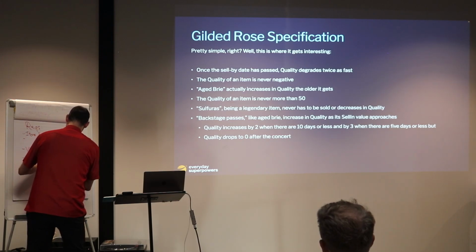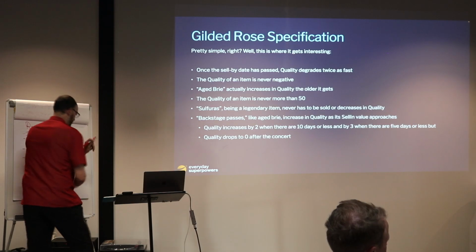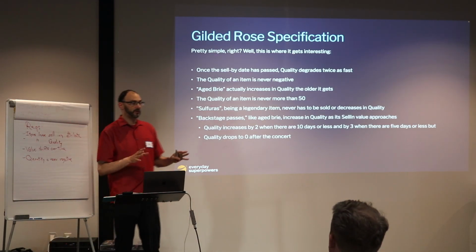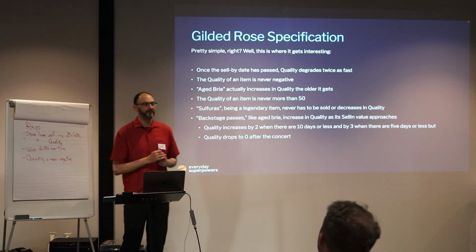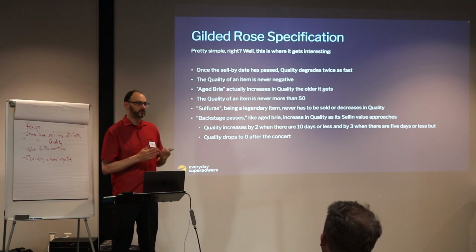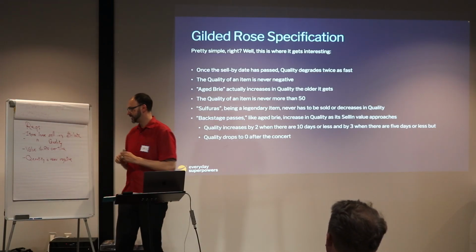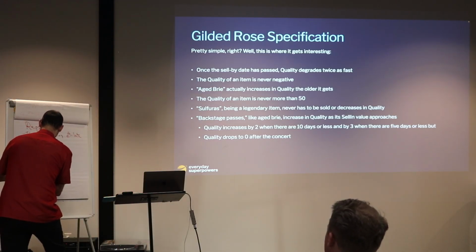So are we coming up with the algorithm for quality on the rest of the items, on how it declines? Thankfully, we don't have to come up with the algorithm, we're just coming up with the test cases. The quality of an item is never more than 50 unless it's the legendary item.